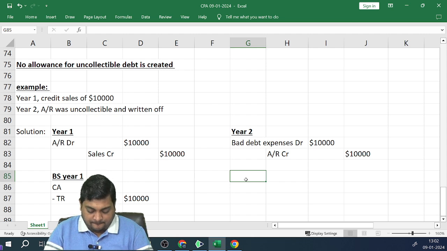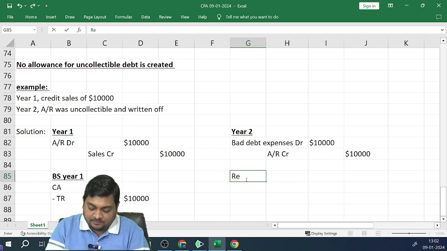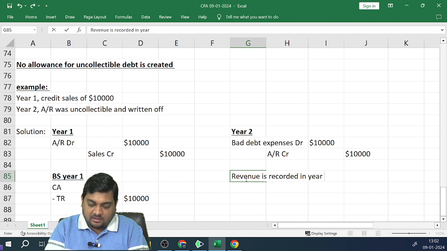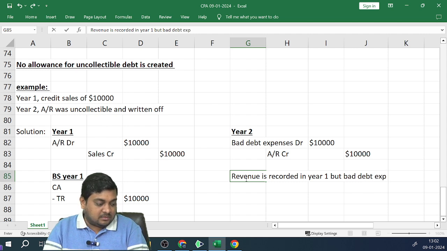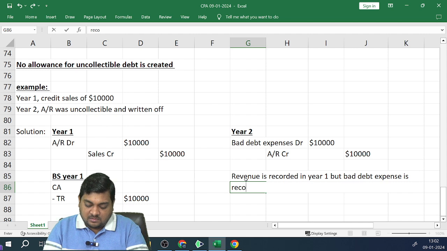So we can easily see that revenue is recorded in year 1, but bad debt expense is recorded in year 2.